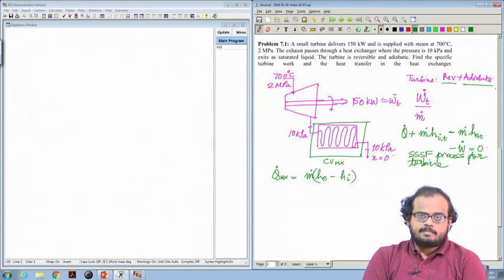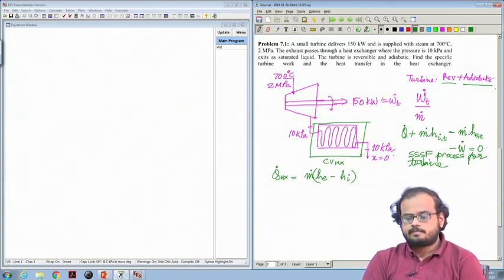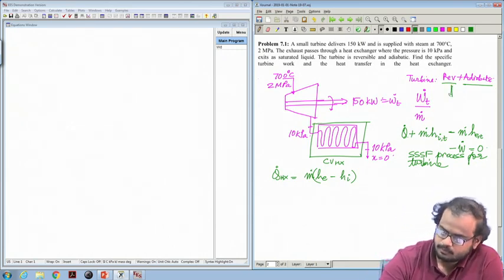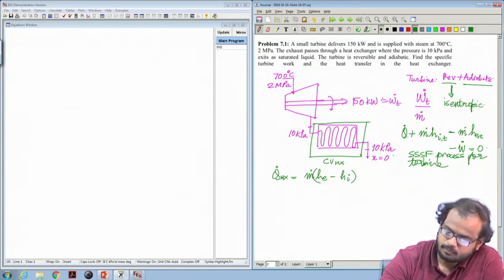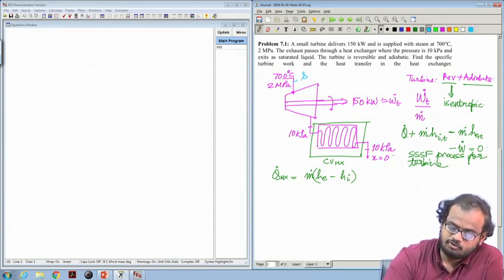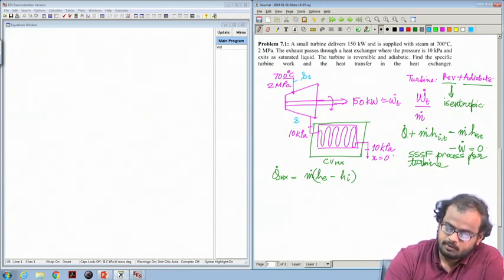It implies, as you might have done in the theory class, that the turbine is also isentropic. So, if it is isentropic, the entropy at this point, let me call this S1, and this S2, S1 is equal to S2.